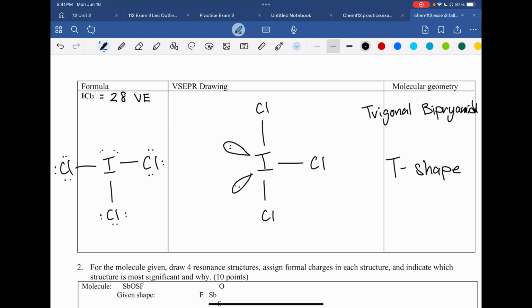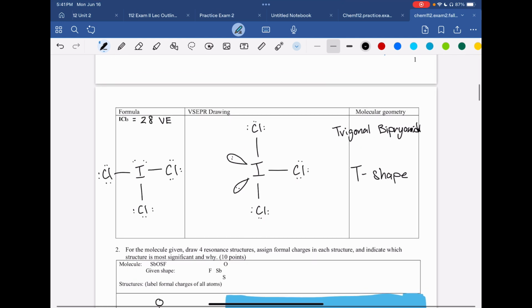More or less looks like that. Okay? Okay, so this is not an ion, so it doesn't have brackets.